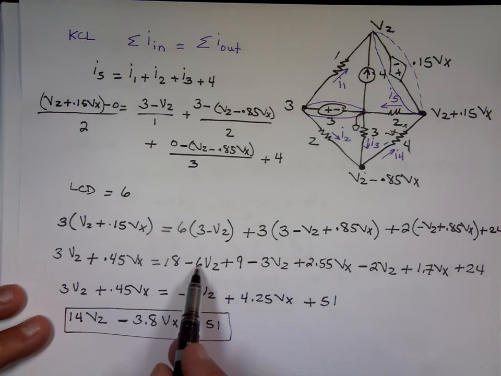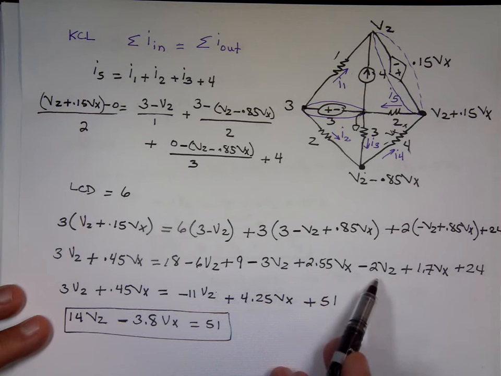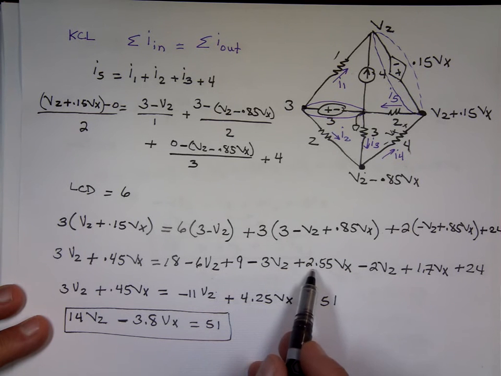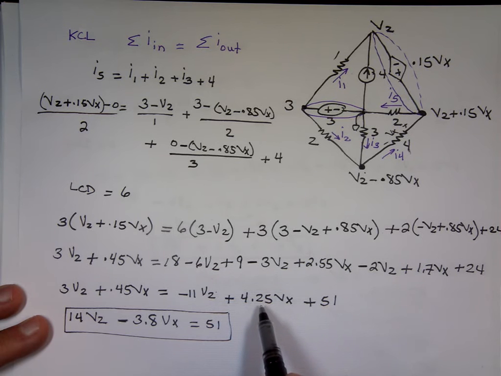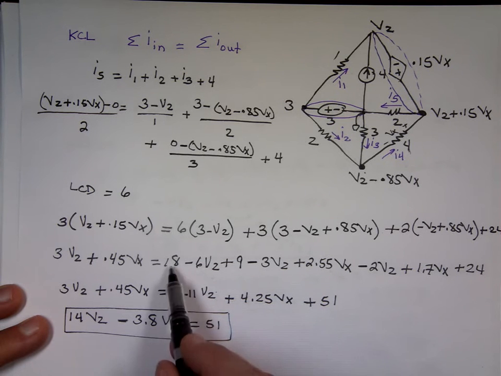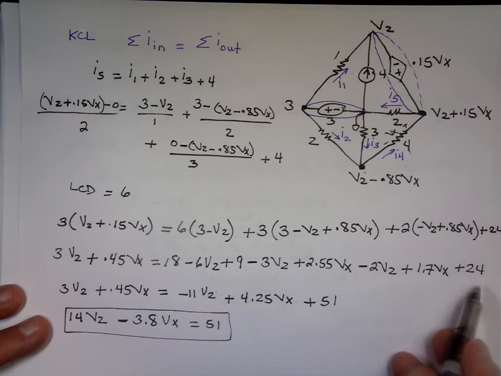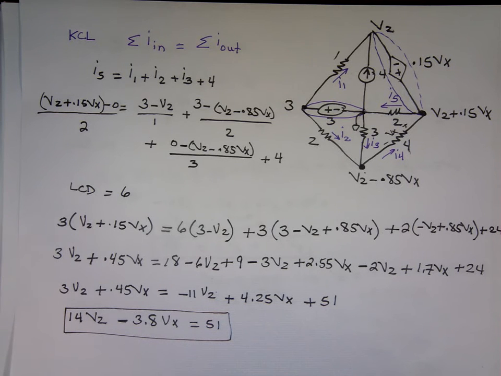Negative 6, negative 9, negative 11 V2, 2.55, 1.7, 4.25 Vx, 18 and 9, 27, 2051, 14, looks like I'm okay there.